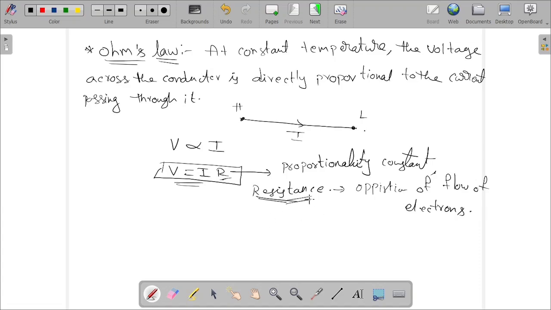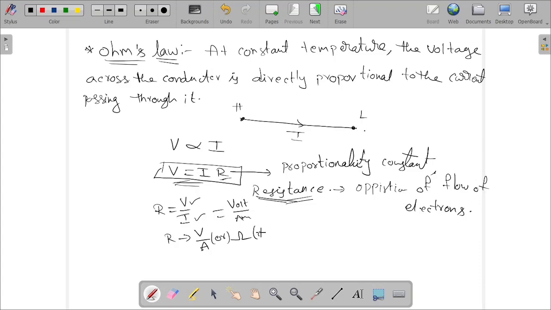We'll discuss resistance a little later. Let's complete Ohm's law. V equal to IR, so resistance R equal to V by I, where V is the voltage and I is the current. The unit of voltage is volt and the unit of current is ampere, so the unit of resistance is volt per ampere, or ohm.